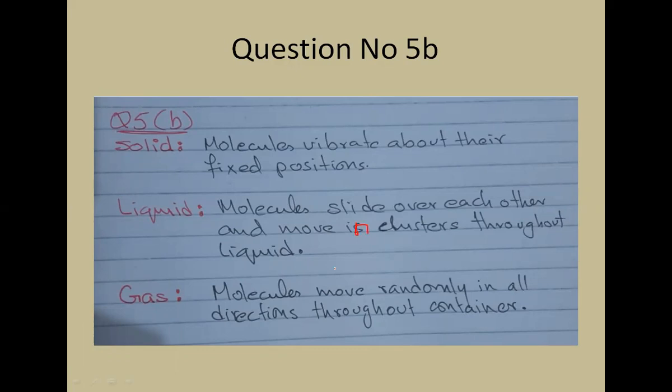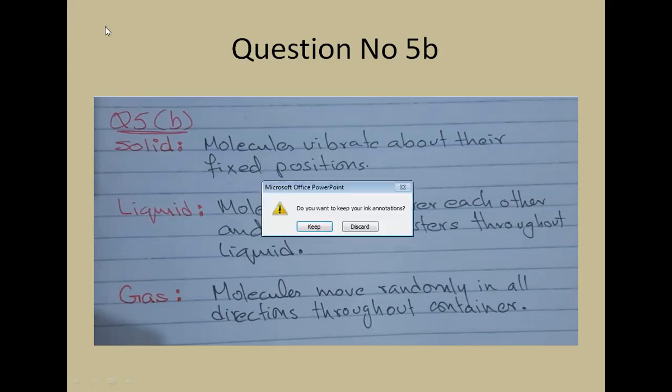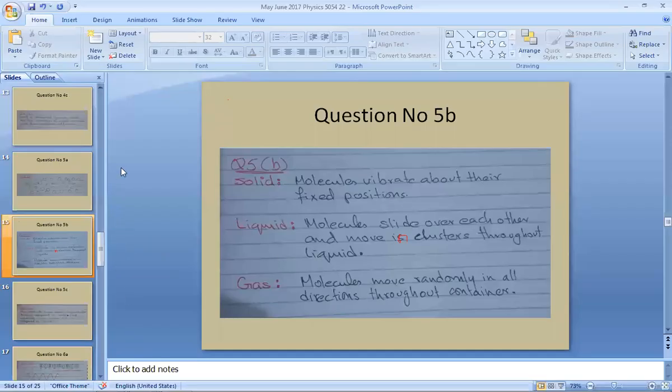And gaseous molecules move randomly in all directions throughout the container. The molecules also have high speed in the case of the gases. So let's move to the next part.